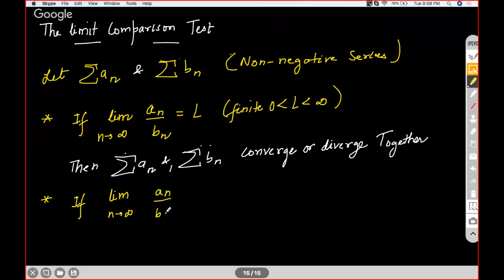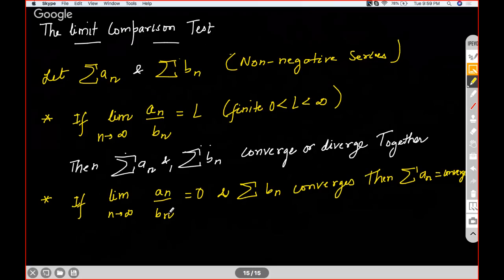If this limit is coming out to be 0, and it's known that bn converges, then summation an will also converge.